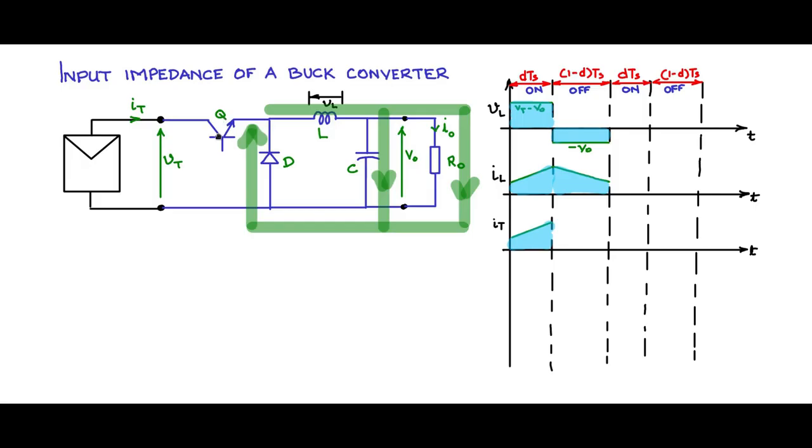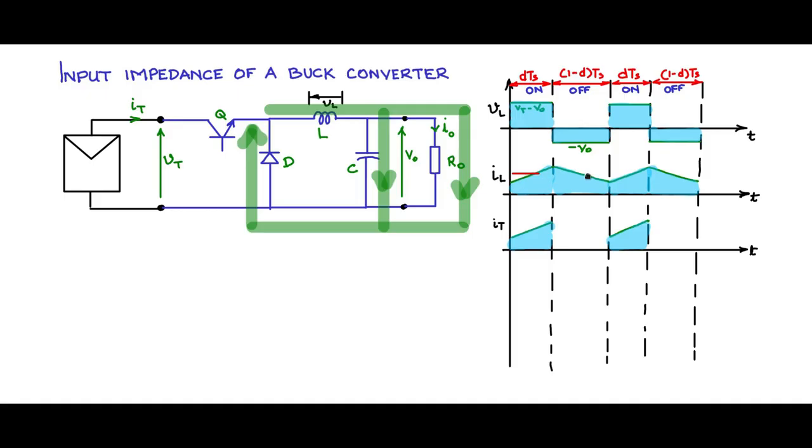IT, because Q is off, there is no current flow from the terminal of the PV panel, so this remains 0. So this repeats cycle by cycle, and the inductor current and the terminal current of the PV panel will look like this.